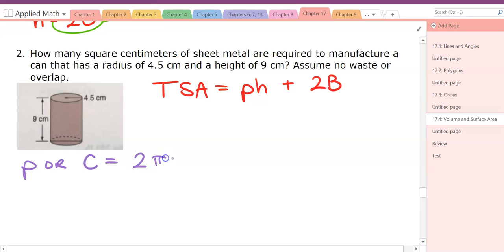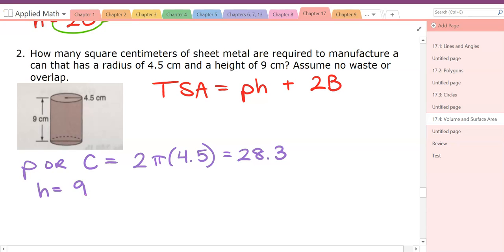So 2 pi times radius, which is 4.5. So 2 times pi times 4.5 is going to be, if I round it, 28.3. Now, what would be the height of the cylinder? Good, the 9 centimeters is your height.